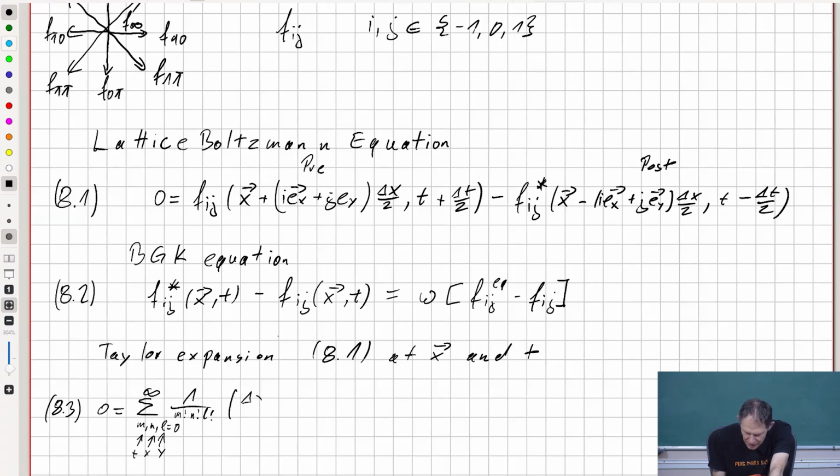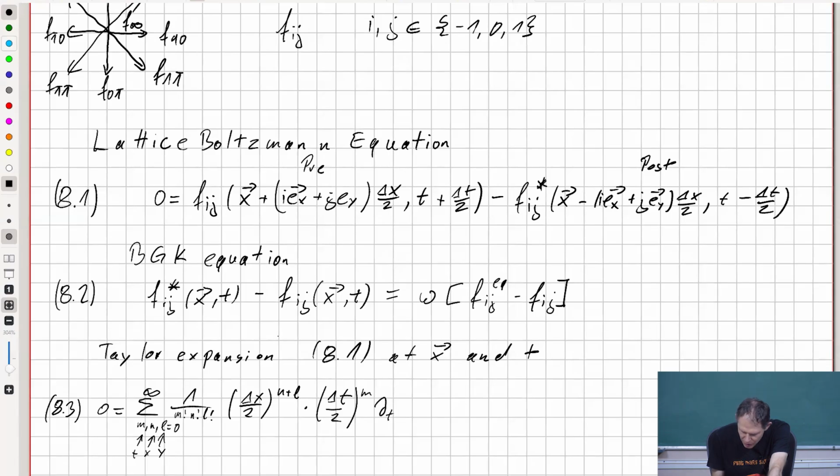It comes with dx half to the power n plus l. So dx half, because we go half a step. We also go half a time step, dt half to the power of m.